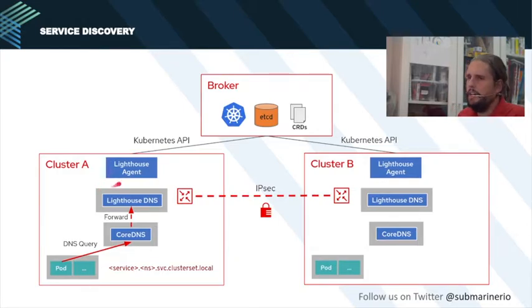Also, the Lighthouse agent watches the connectivity to other clusters, and if that connectivity is down for any reason, then it will stop announcing the IP addresses of those remote clusters.